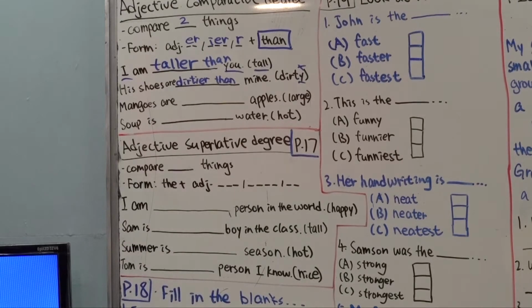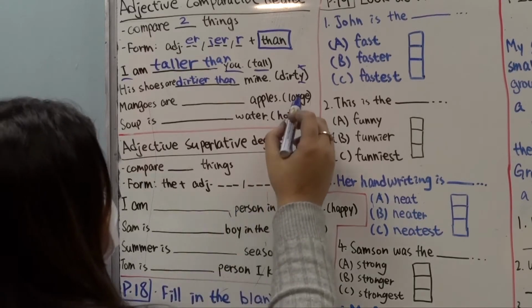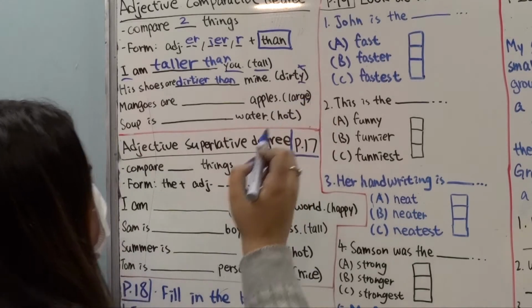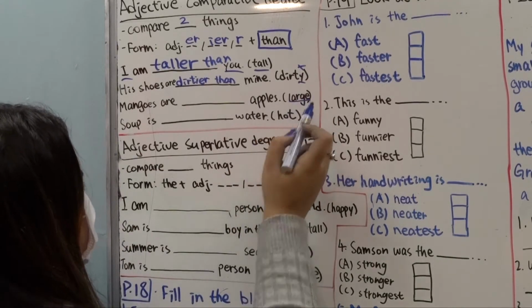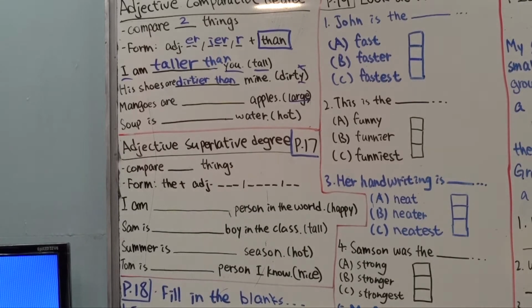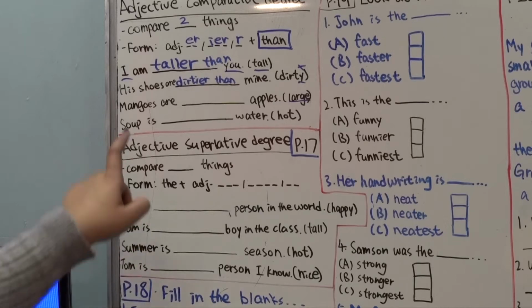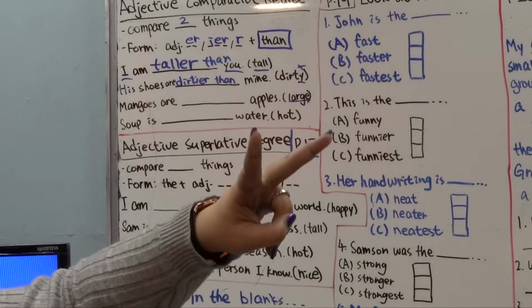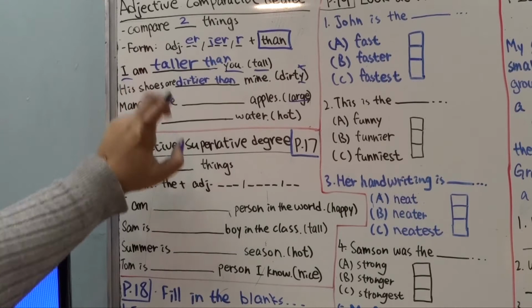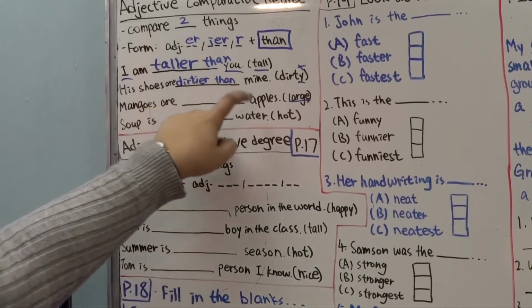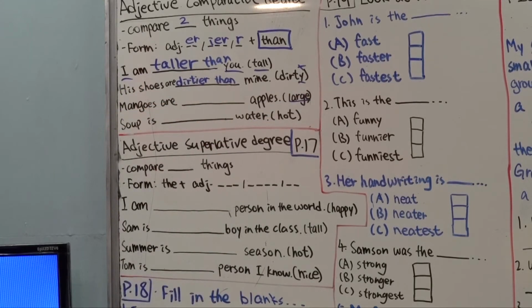Okay? Next one. Mangoes or what apples? Okay. The adjective large, it ends with E, right? Large. If the adjective ends with E, what do we have to do? Oh, wait. How many things are there? Two things again, right? So we use comparative. Large ends with E, so do we have to add ER?